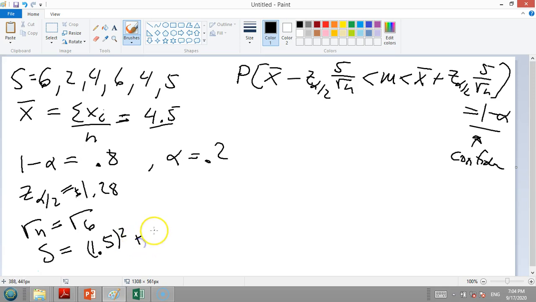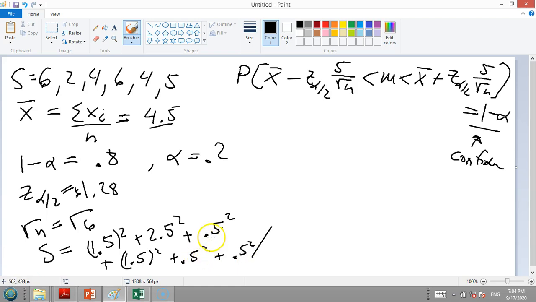The second number, 2 minus 4.5 is 2.5 squared. Plus the third number, 4 minus 4.5 is 0.5 squared, because everything gets squared, so it doesn't matter if the difference is positive or negative. Plus, again I have 6, again I have 4. And last, 5 minus 4.5, again it's 0.5 squared.